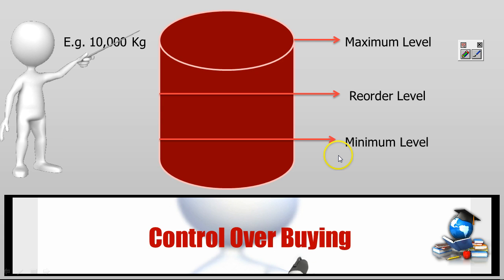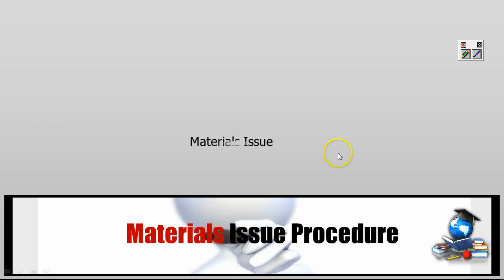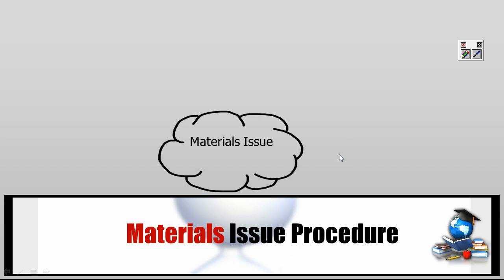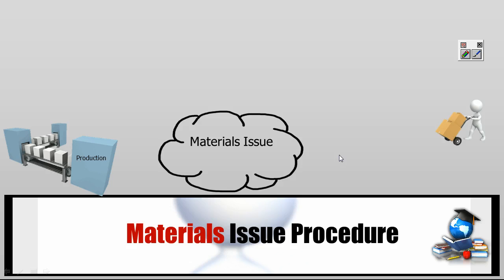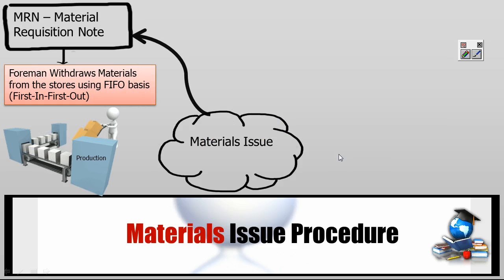Let us go to the next topic, material issue procedures. So what are all the material issue procedures? We will see. One is the material requisition note. We already saw that the foreman withdraws the materials from the stores using the FIFO basis.